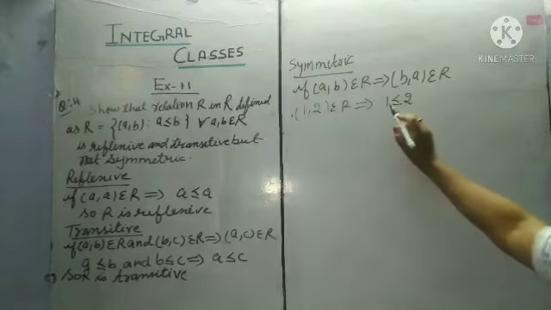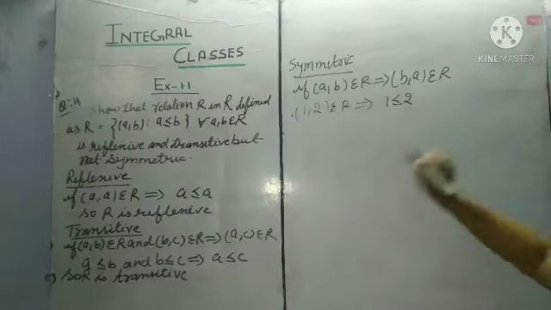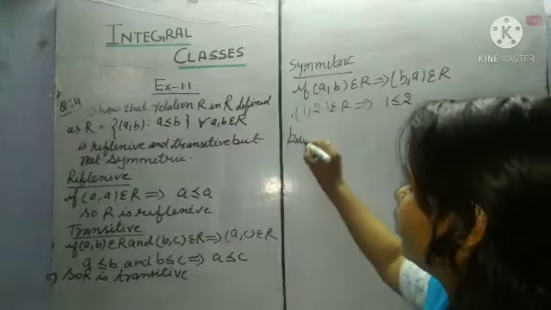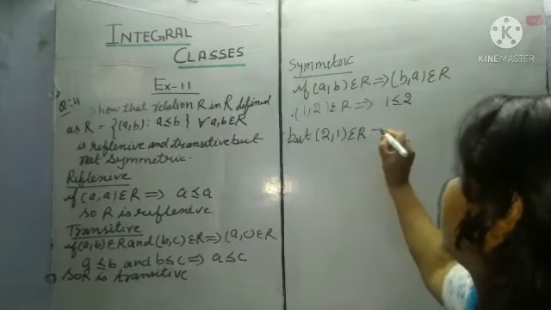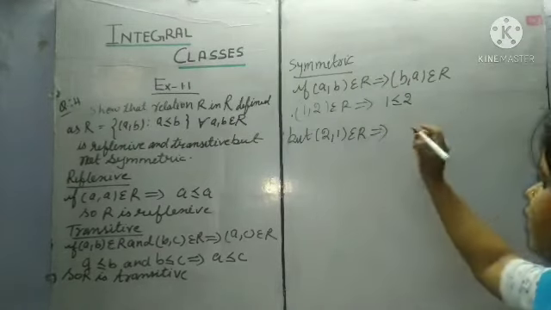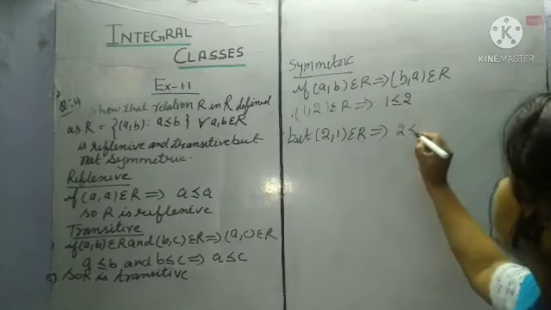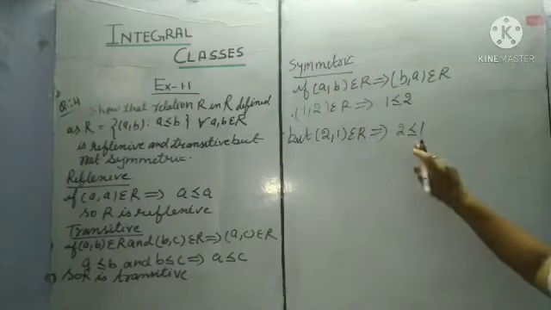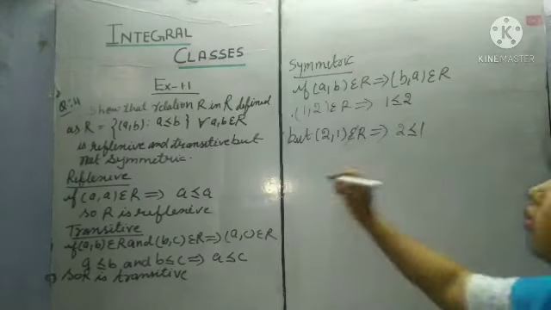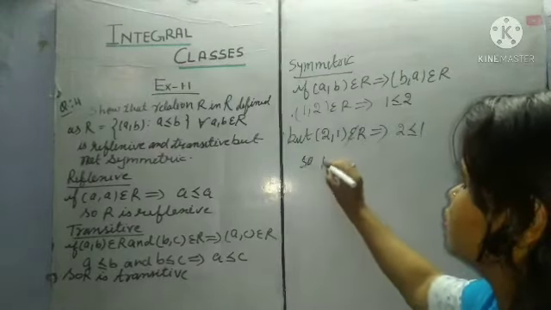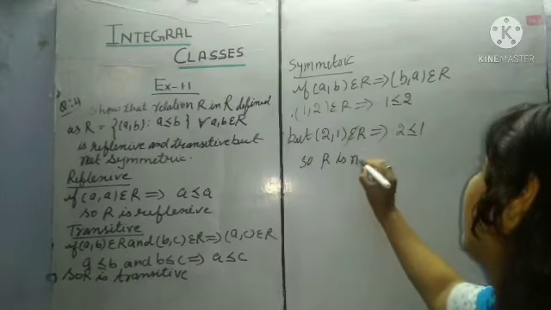So it follows that 1 is less than 2. But if we write (2, 1) belongs to R, it implies that 2 is less than or equal to 1. So this does not follow. So R is not symmetric.